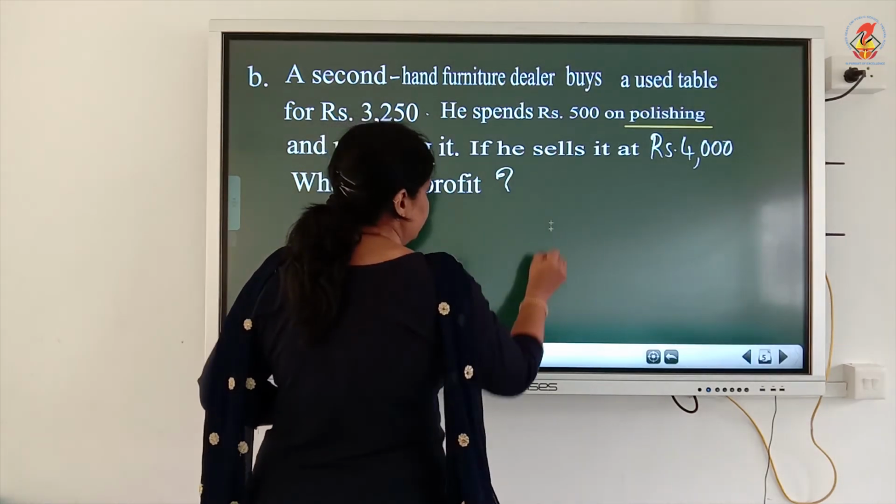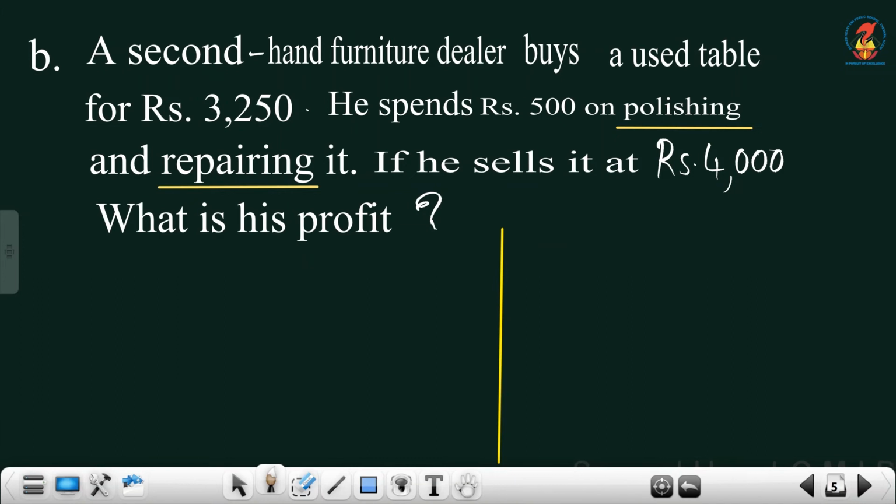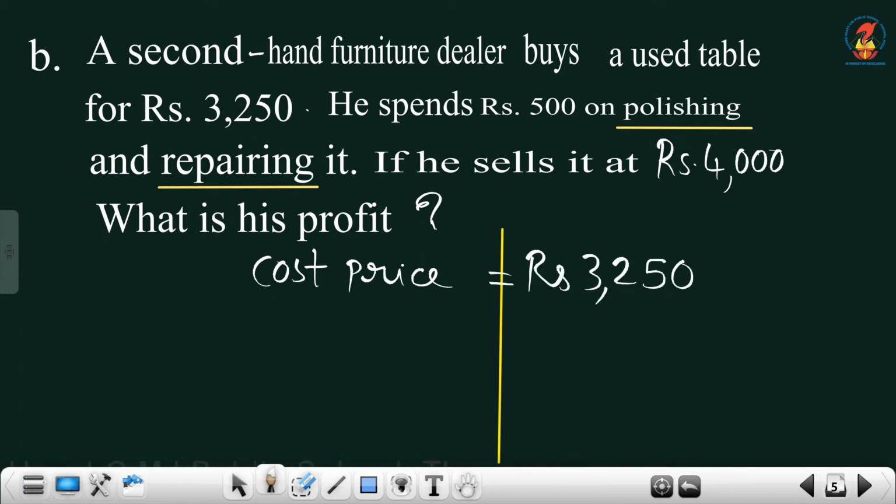But we want to find how much is the profit. Which are the terms given in the question? Buys a used table for, that means cost price. Cost price equals rupees 3,250, and he spends some money for polishing and repairing, that is his overhead, right?